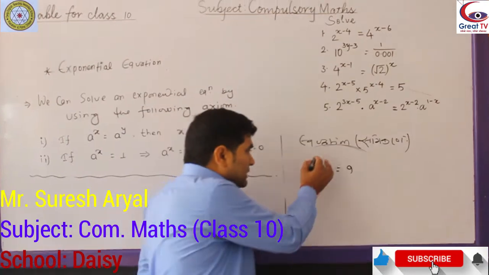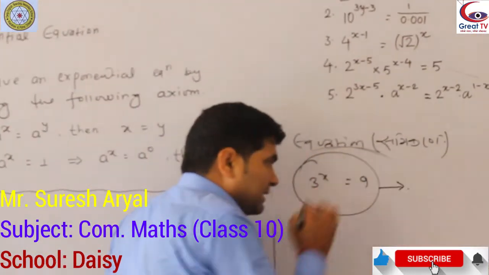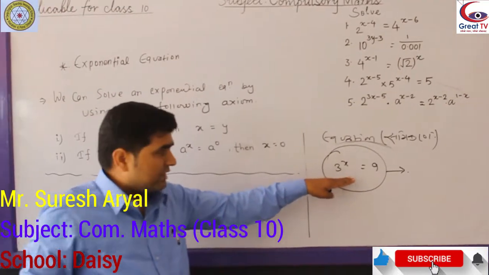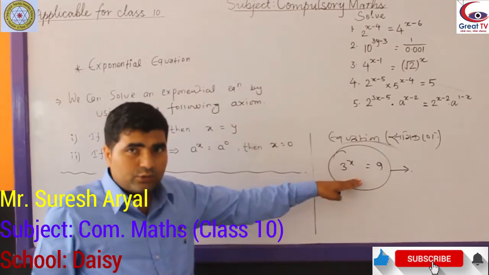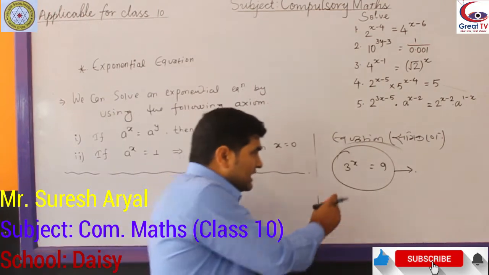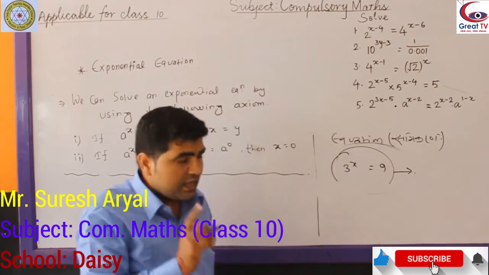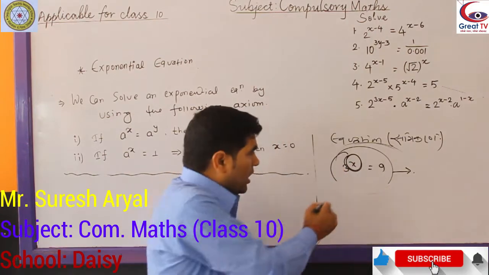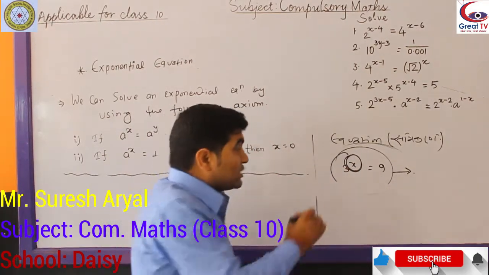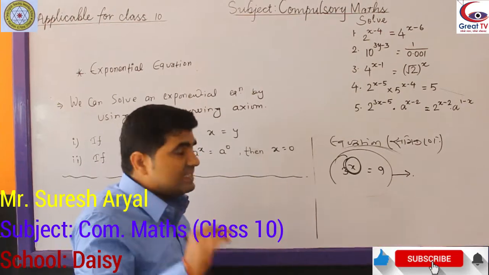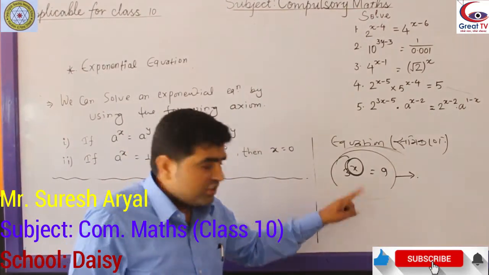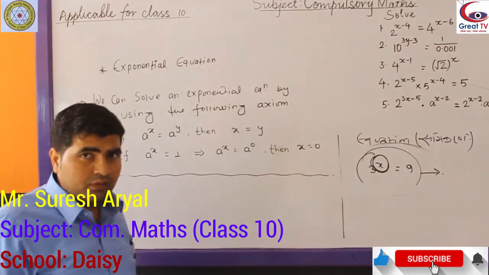By this example we can easily define it: an equation in which the unknown variable appears as an exponent of the base is known as an exponential equation.